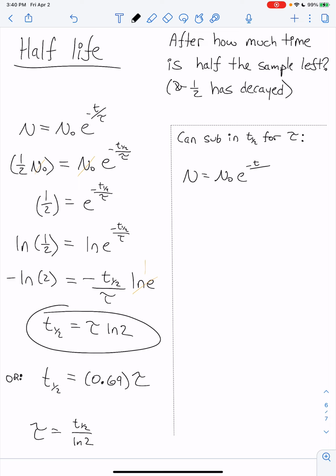So in this case, if we're substituting this in, we're going to have t1/2 ln 2. Okay, great. That doesn't look terribly convenient, but let's simplify this a little bit.